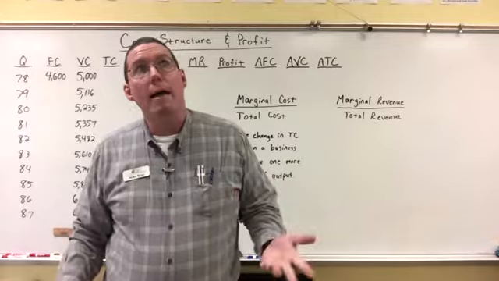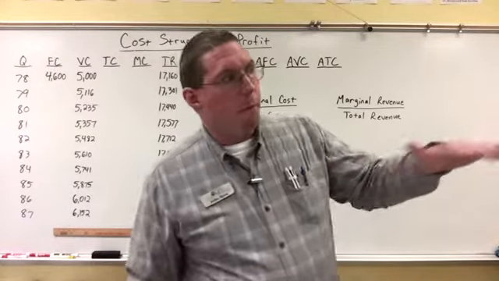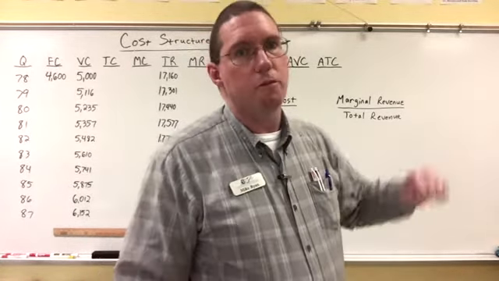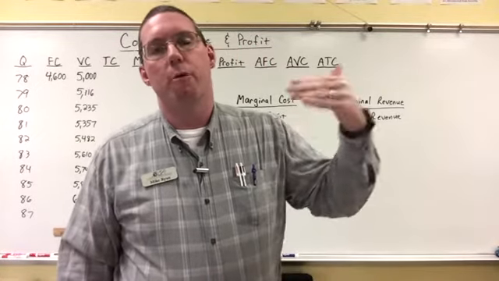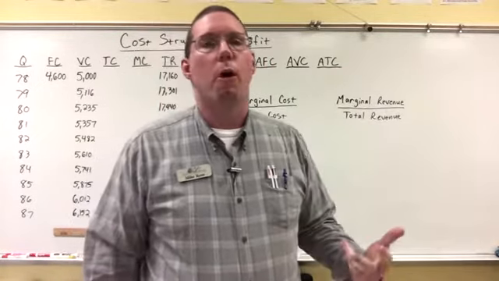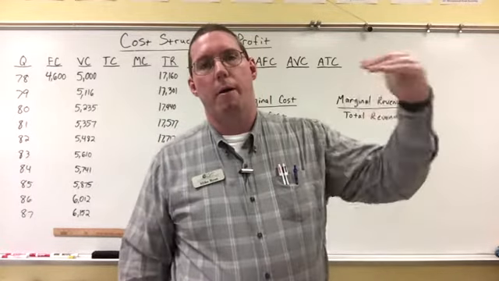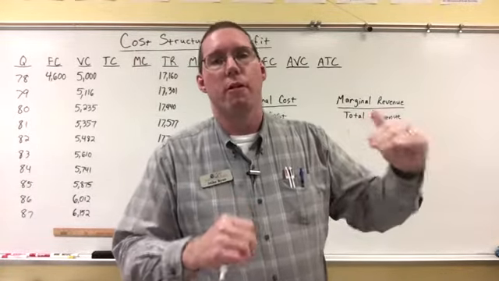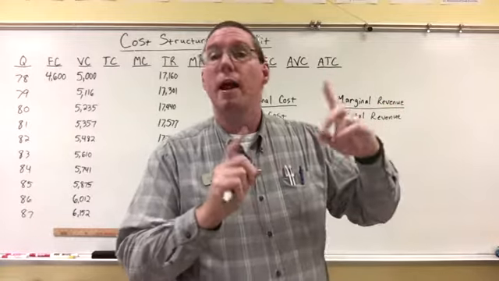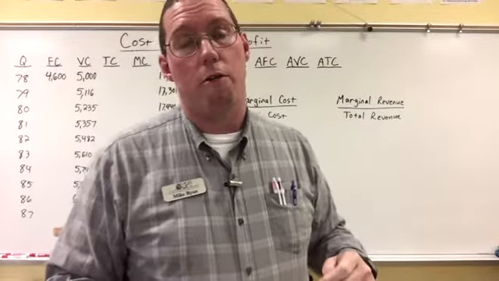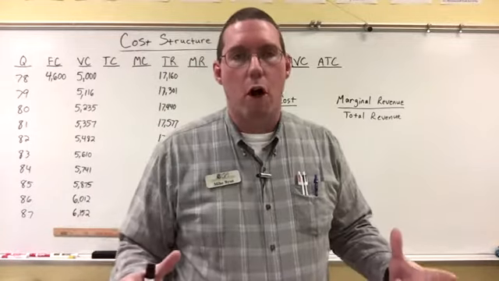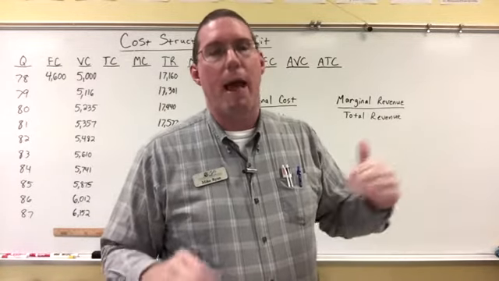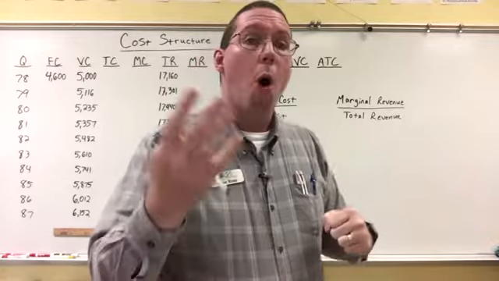And although you might think that every single bicycle would cost exactly the same to produce, the truth is actually, as you continue to produce more and more and more, your marginal costs go up. So each bicycle costs a little more to produce than the previous one. Not that the individual bicycle costs more, but that the overall cost of the business goes up as you keep increasing production. Why?